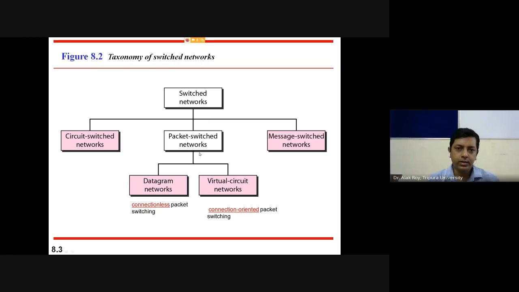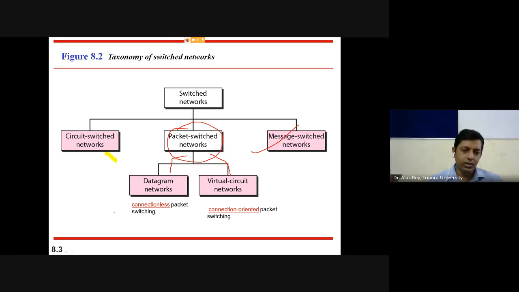But this switching network or switch network is categorized into 3 different types. First is circuit switch network, second is packet switch network, and third is message network. This packet switch network is again categorized into datagram network or virtual circuit network.